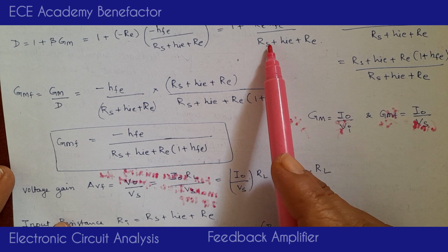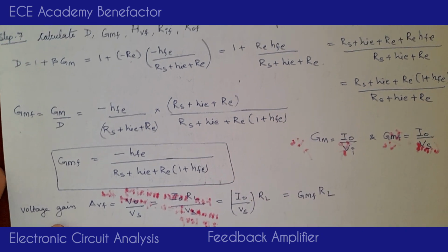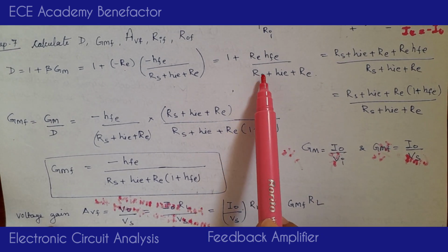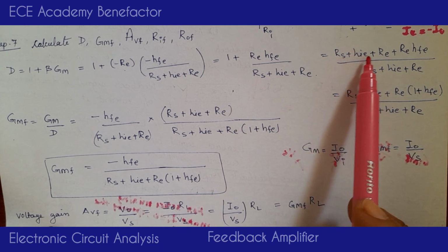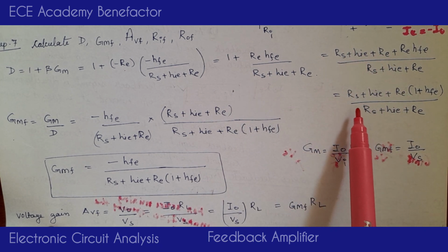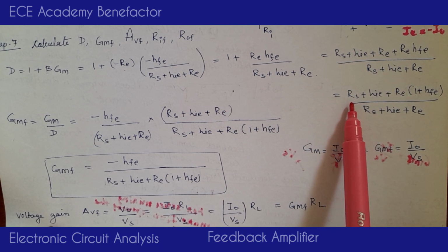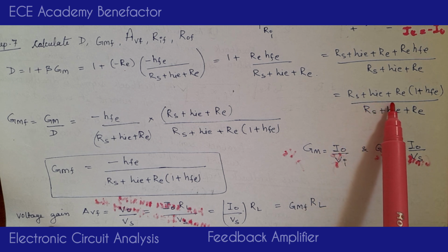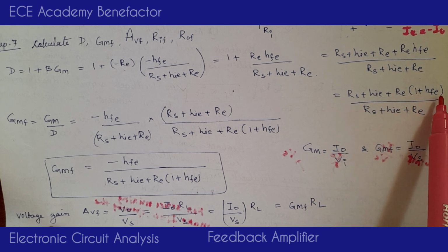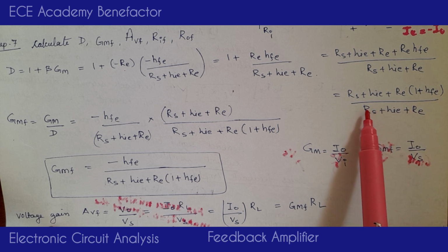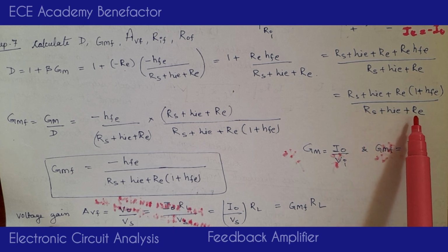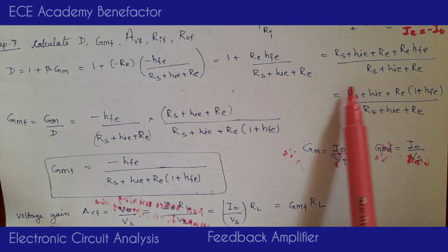We have simplified this D equation. RS we have taken over here, and on simplifying we got the D equation as RS plus HIE plus RE times of 1 plus HFE by RS plus HIE plus RE. This is the D equation.